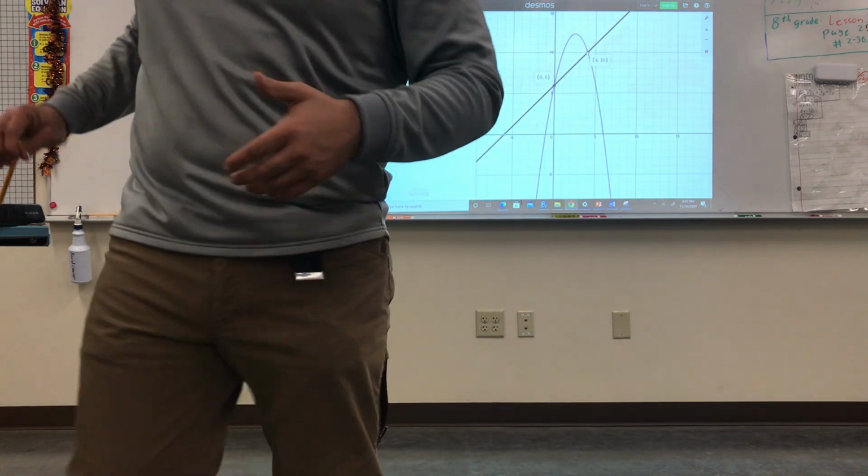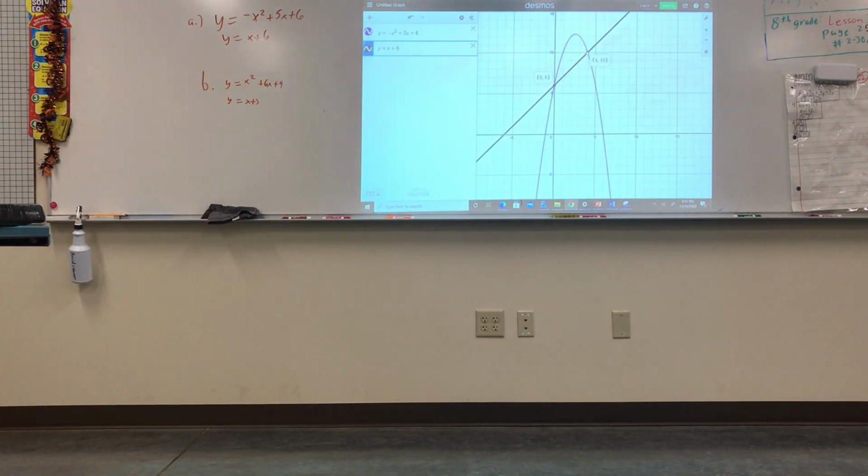Now, being that we're using Desmos for our graphing today, I do not think we should really have to check our answers, because if it doesn't cross on here, it probably is not going to, unless you plugged in something wrong.